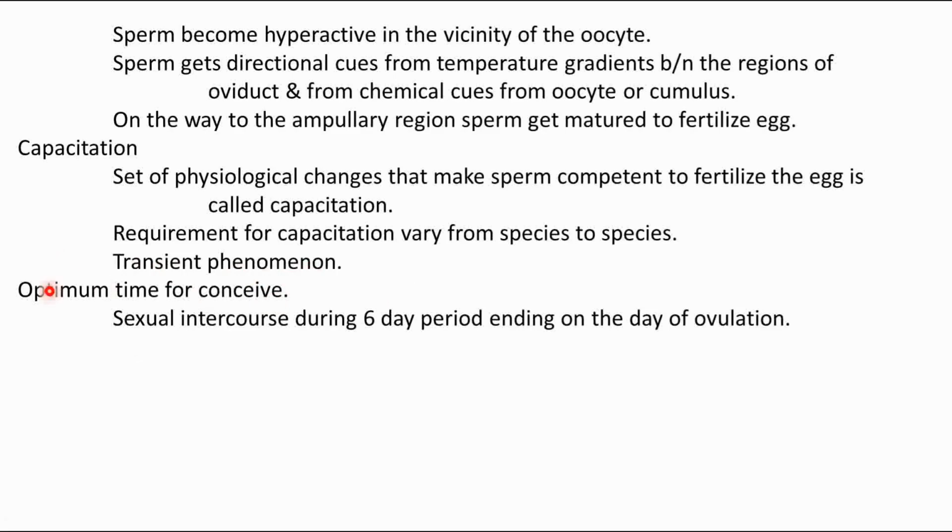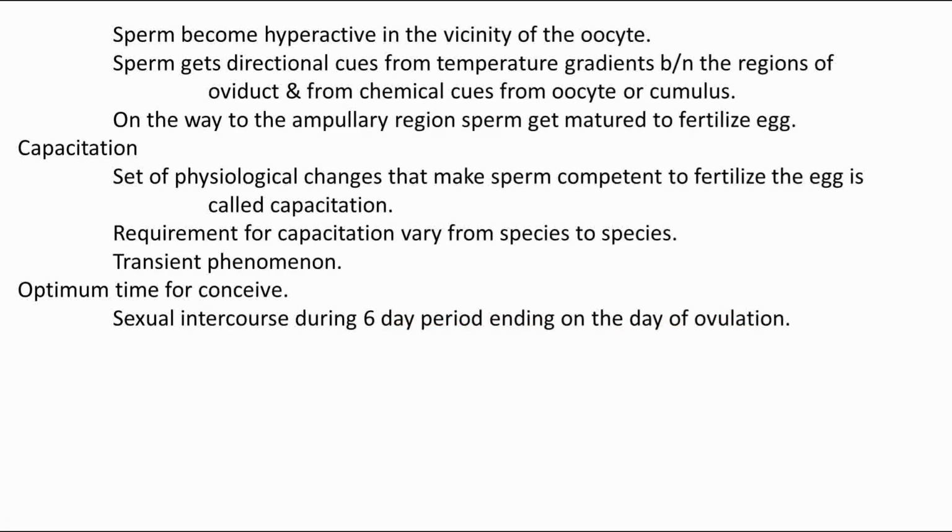And then what is the optimum time for conceiving? Optimum time for attaining pregnancy is to have sexual intercourse during the 6-day period ending on the day of ovulation. I will explain.